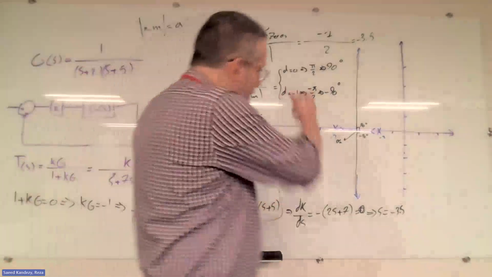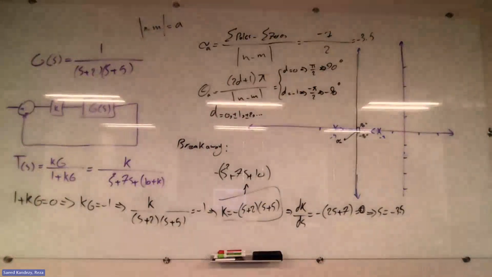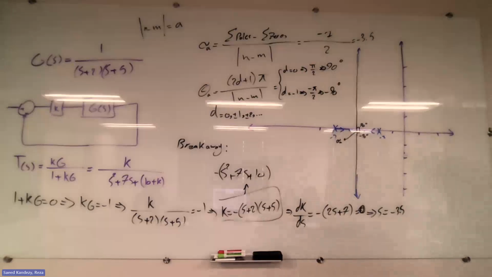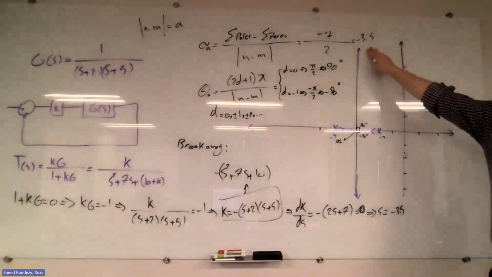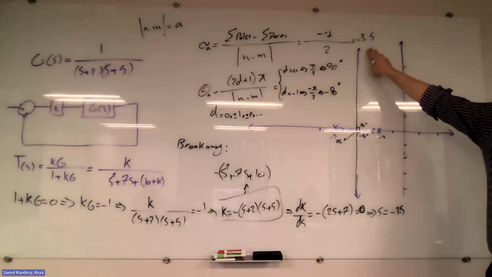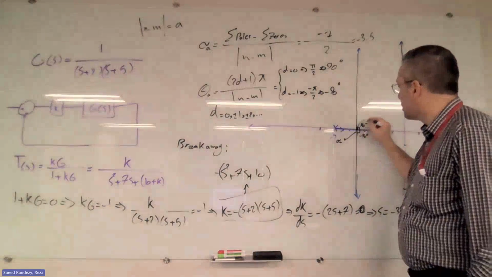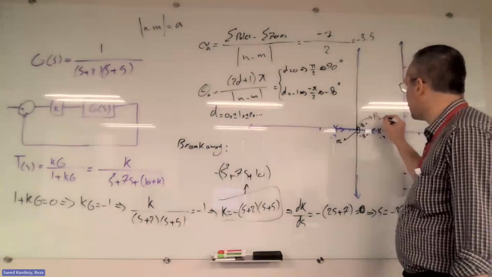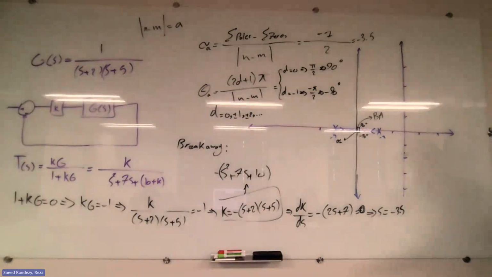Now in this specific case, we have a situation where our breakaway point and the intersection of the asymptote lines are the same. That means the same point that is delta is also our breakaway point. That means we start from that point and end up at that point.